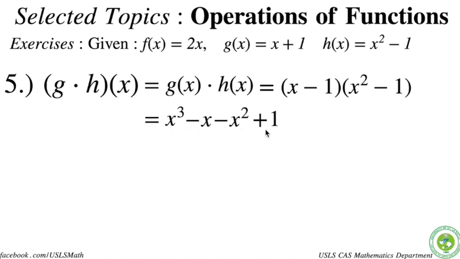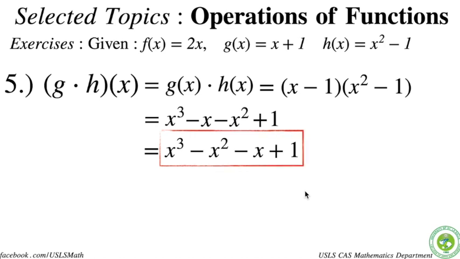What is left for us to do is to put them properly in order. So we're going to put first x cubed, minus x squared, minus x, plus 1. In practice that should be the correct way of writing polynomials: the one with the highest degree should be put first, in decreasing order until a constant term. So that will be our answer for number 5.